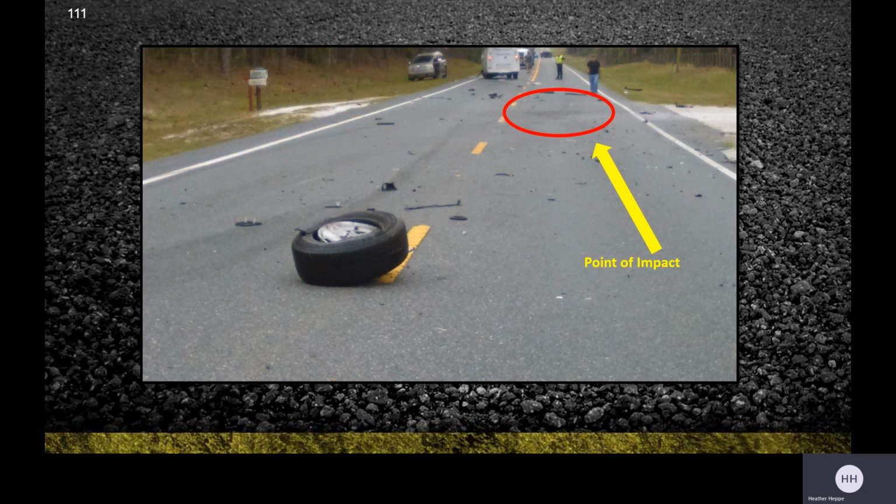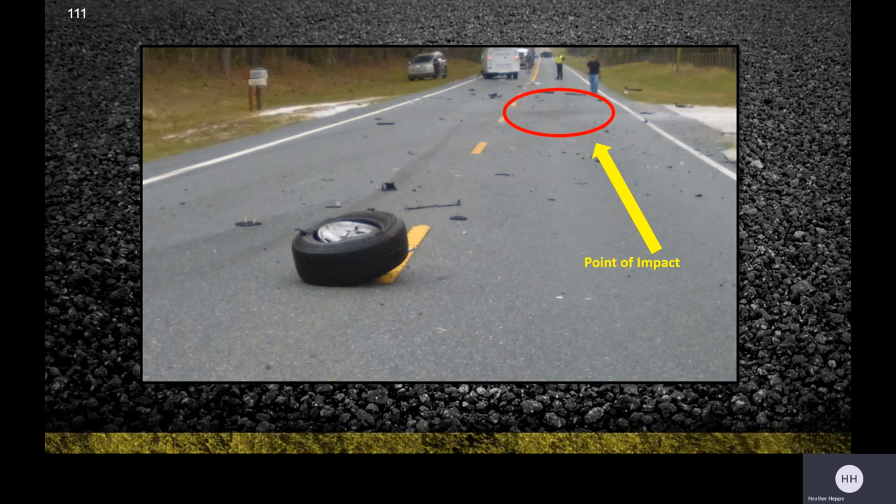Here we can see this is the point of impact showing the tire hit something. Of course, you have to use your imagination of the tire hitting something, but you can see the debris flew way up here. So if this was a car back here and they hit something right here, they must have been going pretty fast to have debris come way up here.